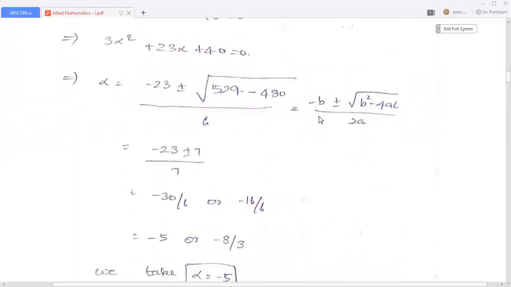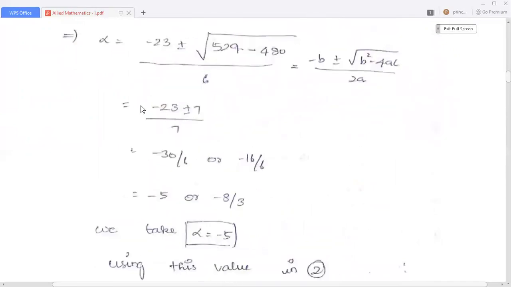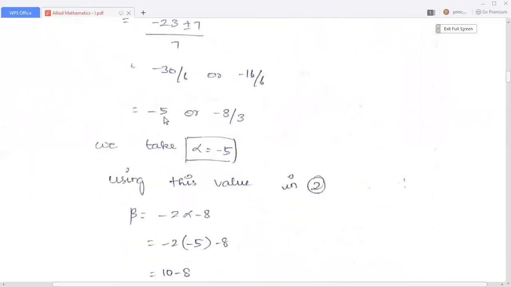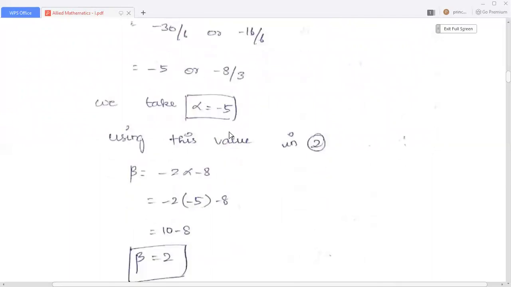For that we use the formula. Using this formula, the values for alpha are minus 5 or minus 8 by 3. So we avoid the fraction value minus 8 by 3 for alpha. We take only alpha equal to minus 5.